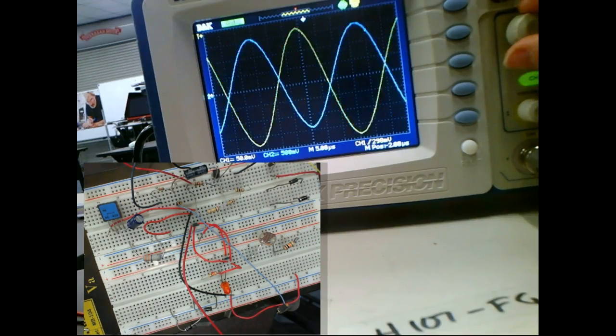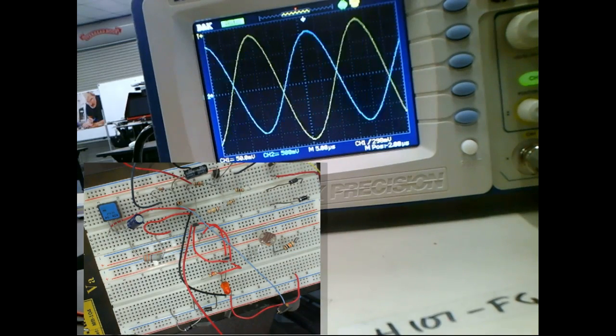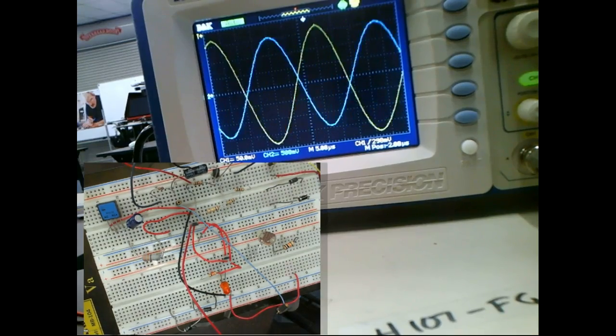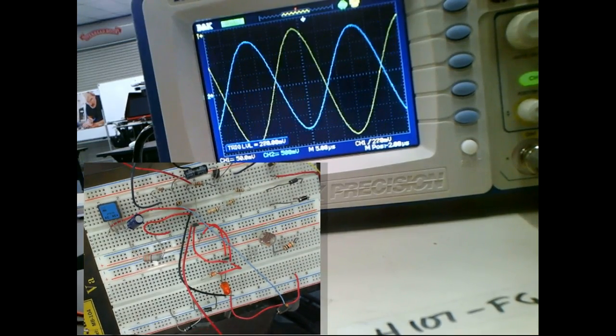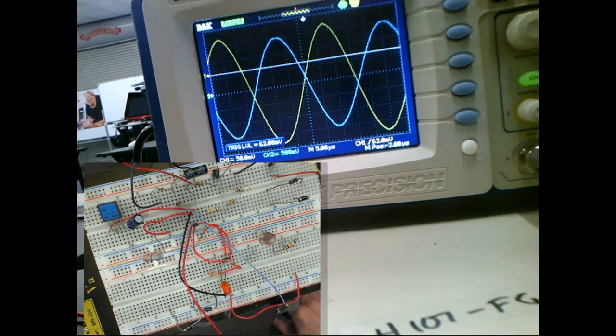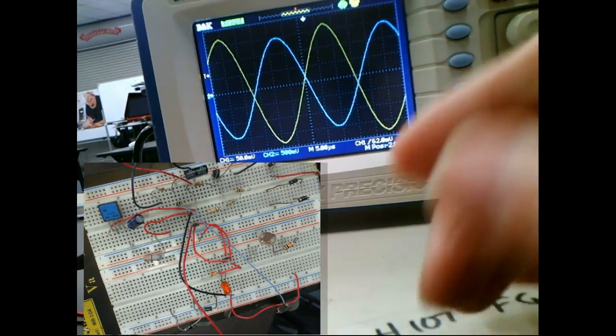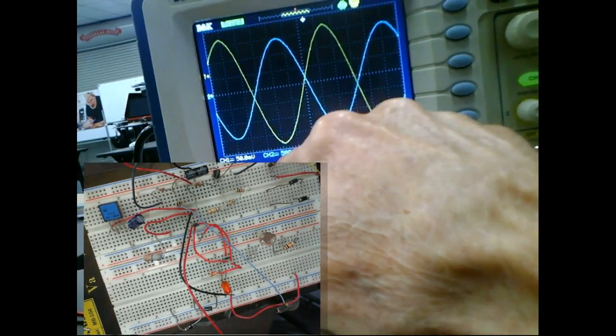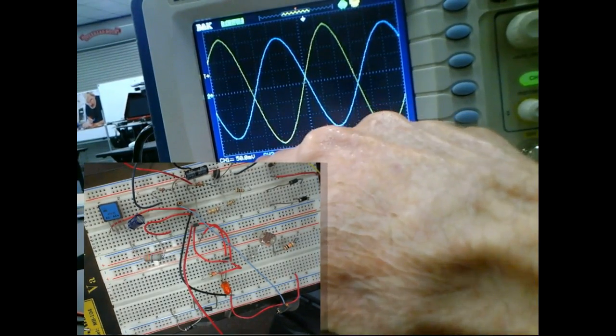And what's wrong? We're out of trigger, right? You understand? Yeah, so we need to find our trigger. Here it is. I think we got to set the trigger on channel 1. So now we can measure this. So this is still 50 millivolts per division. This is a half a volt per division.